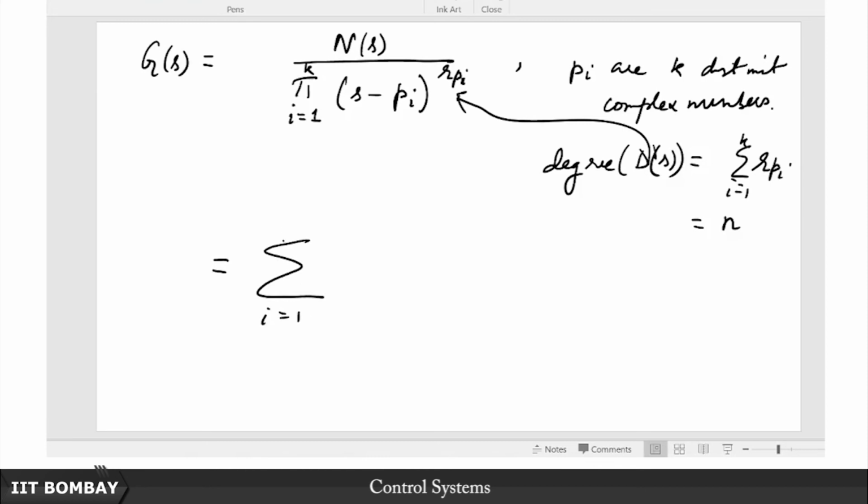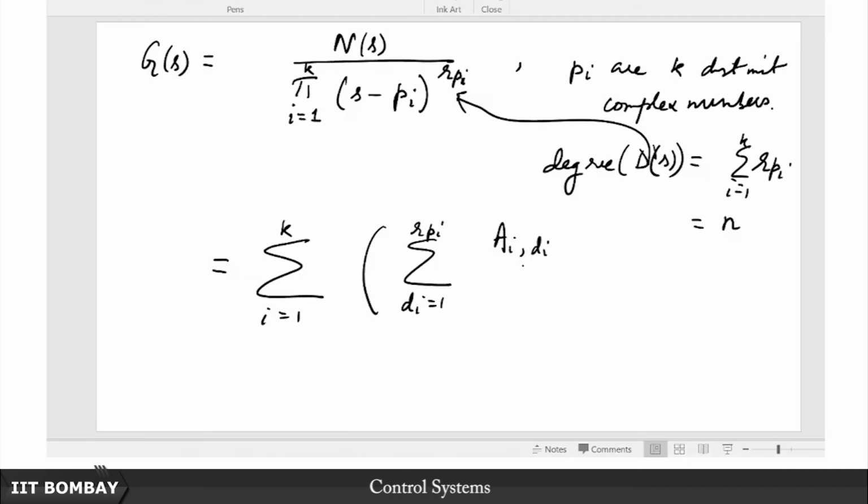We write this as the sum over i equal to 1 to k, and then each individual term we can in turn write as the sum over d_i equal to 1 to r_{p_i}. I will explain this notation shortly, just bear with me.